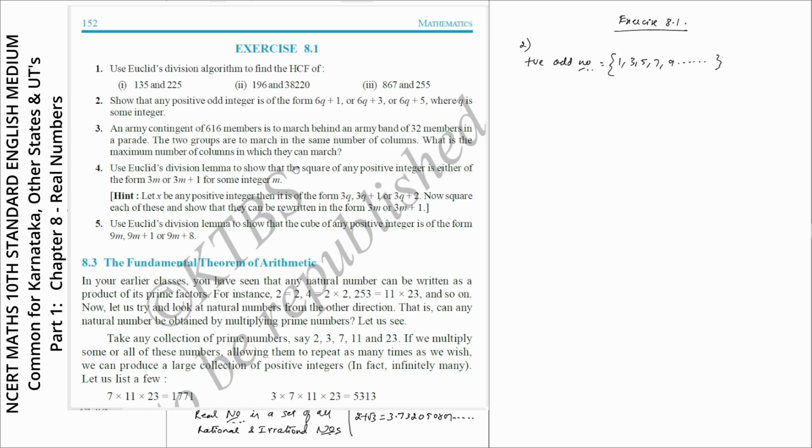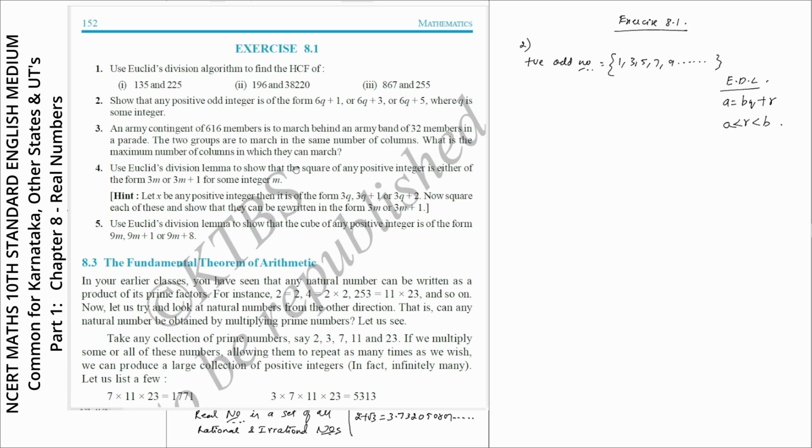Okay. Now according to Euclid's division lemma, if a and b are two positive integers, then I can write a is equal to bq plus r, where q and r are also integers, and r varies between 0 and b.